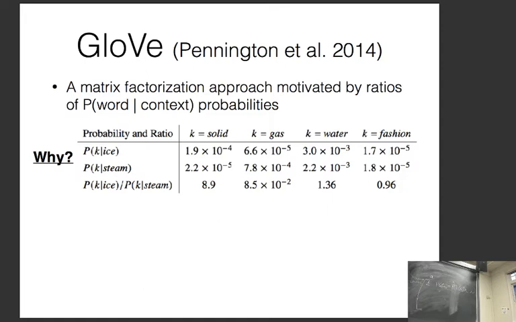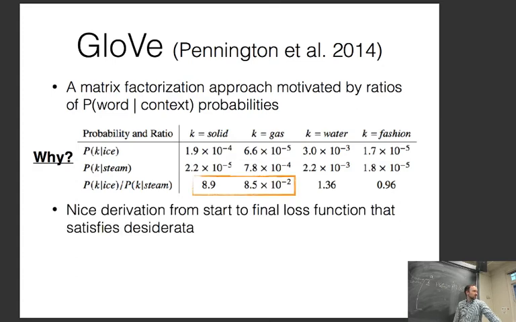And the probability of gas given steam is way higher than the probability of gas given ice. The more neutral ones are about 1. So the idea is that these ratios are very indicative of words that are important to this particular context.